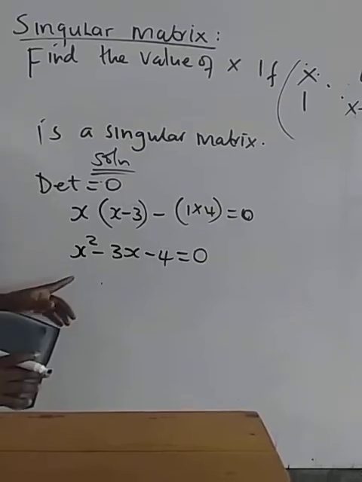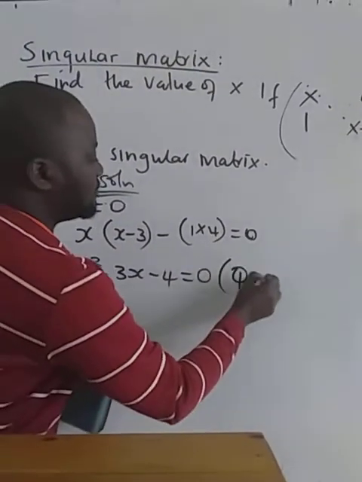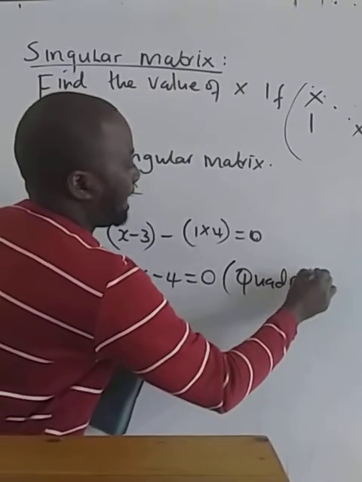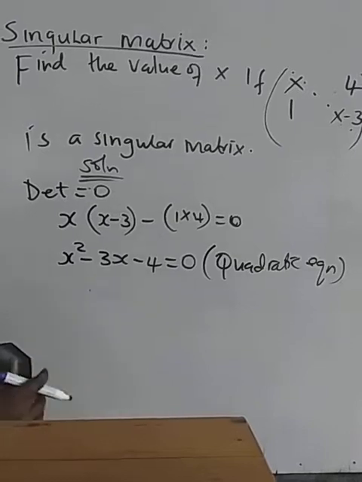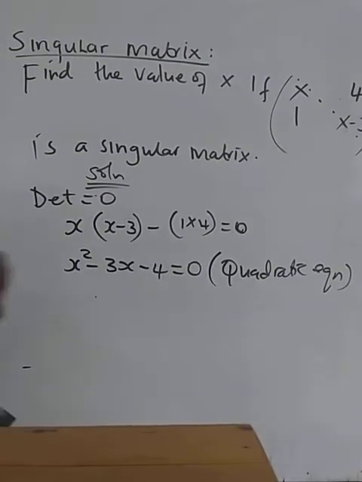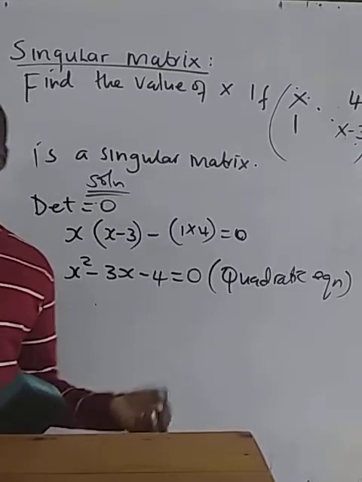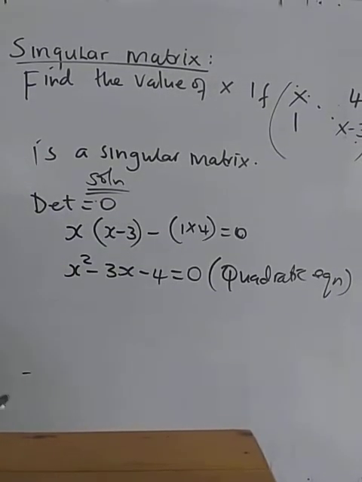Now, this is a quadratic equation. In high school, there are 3 methods. You can use the quadratic formula method, the factorization method, or the completing the square method. I want to use the quadratic formula method.